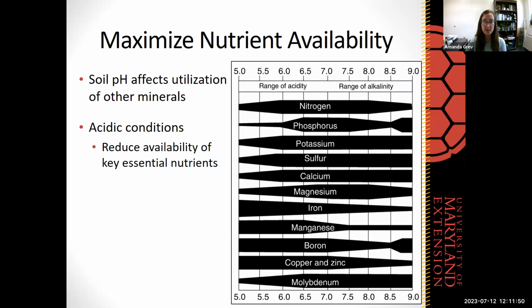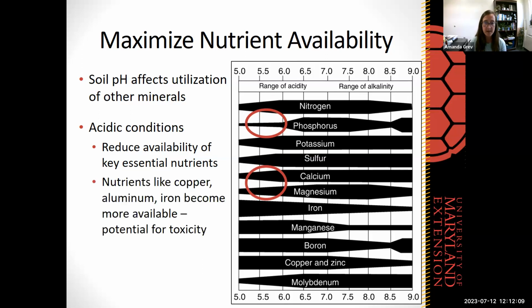So as we move into more acidic conditions, so as we move further to the left of that chart, some of our essential nutrients, things like phosphorus, calcium, magnesium, are still present in the soil, but become a lot less available for those plants for uptaking them under those more acidic conditions.